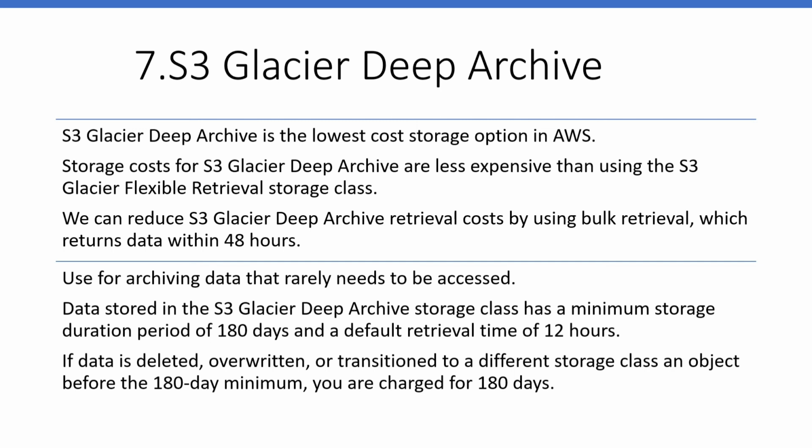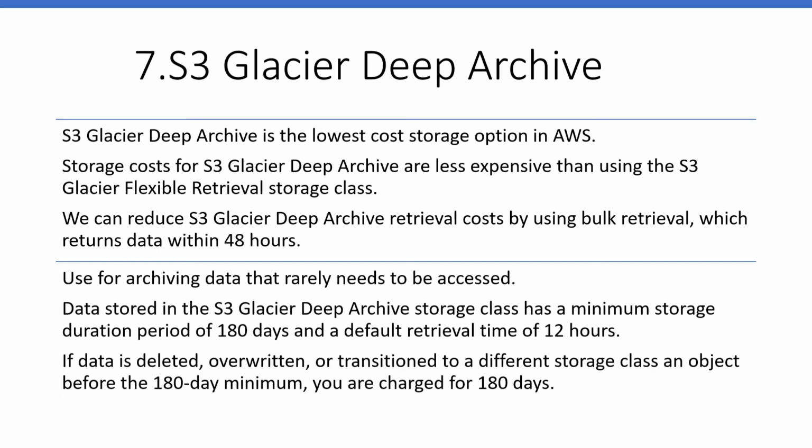S3 Glacier offers 3 types of classes: S3 Glacier Instant Retrieval, S3 Glacier Flexible Retrieval, and S3 Glacier Deep Archive. The Glacier family comes for archives, something you are keeping for years, and it is the lowest cost offering from the S3 storage classes.